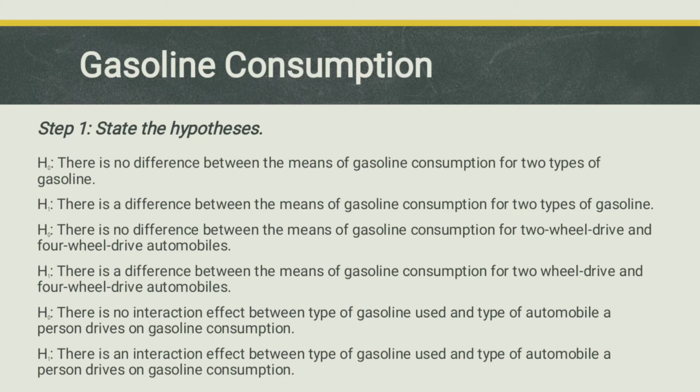The alternative hypothesis states that there is a difference between the means of gasoline consumption for two-wheel drive and four-wheel drive automobiles. And for the interaction of the two independent variables, the null hypothesis states that there is no interaction between type of gasoline used and type of automobile a person drives on gasoline consumption. The alternative hypothesis states that there is an interaction effect between the type of gasoline used and type of automobile a person drives on gasoline consumption.